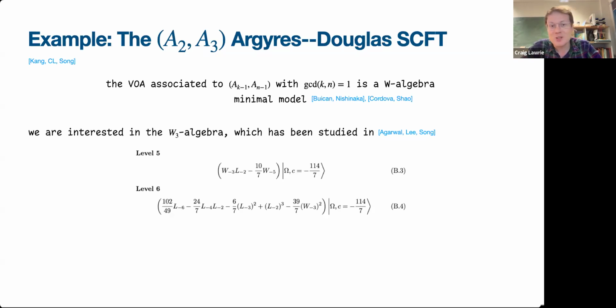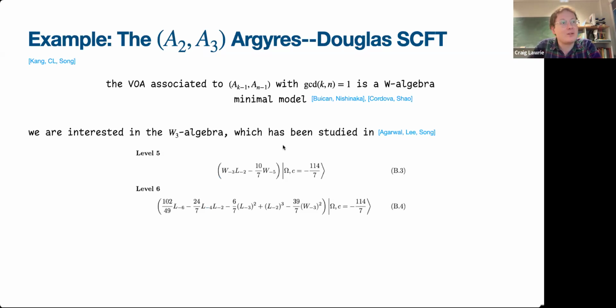What seems to be interesting is that it is a lot easier to go higher in the computation of the Gröbner basis than it is to use the techniques you would use with OPEs to compute the null states. So this is sort of interesting, and maybe indicates that there's some technique which can simplify the derivation of the null states. Okay, so these are the null states.